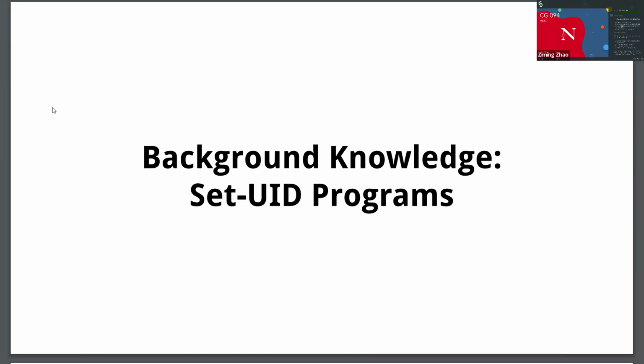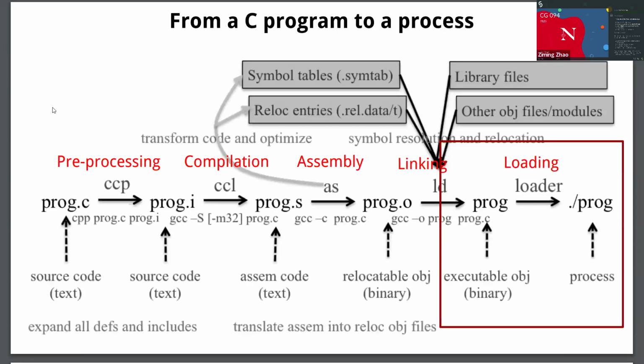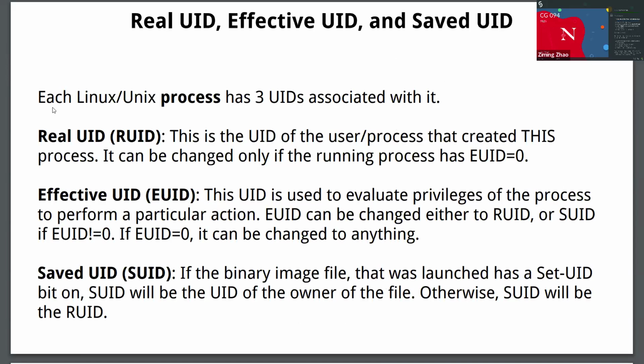Yeah. A very important concept for this class. It will help you understand how our online CTF system is designed. It is set UID programs. So when a program is loaded into memory to become a process, the Linux system will associate different user IDs with that process, and also group IDs.